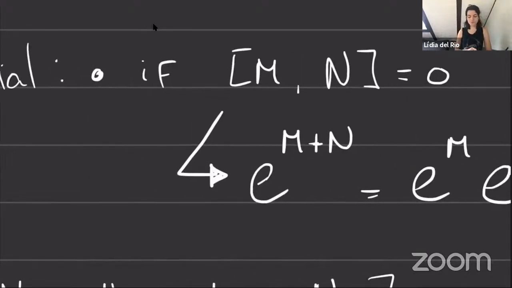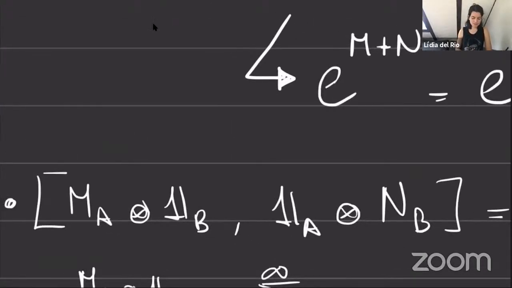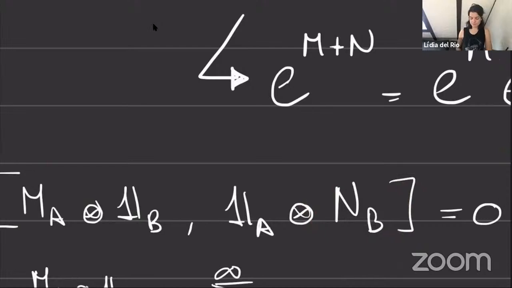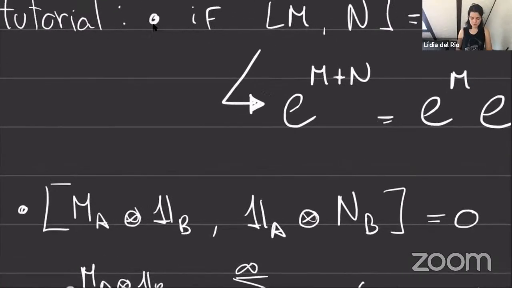But now we still need to see that our matrices commute. And this is the other thing you did in the tutorial: if you have a matrix that acts only on one system, you did it for unitaries, but this is true of normal matrices in general, and one that acts only on the other system, then they commute. If you don't remember why this is the case, you can do it by hand now.